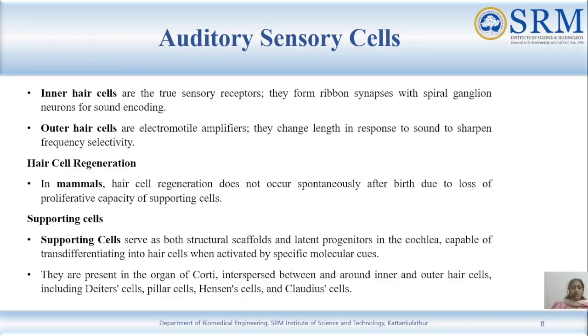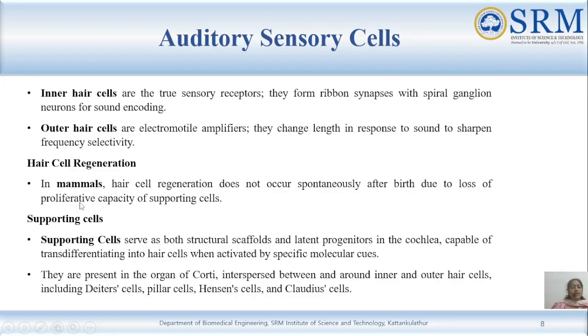So we talked about inner hair cells, which are the true sensory receptors and form ribbon synapses with the spiral ganglion neurons, whereas the outer hair cells are the electromotor amplifiers, and they change length in response to the sound.